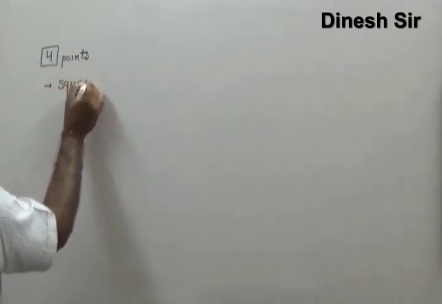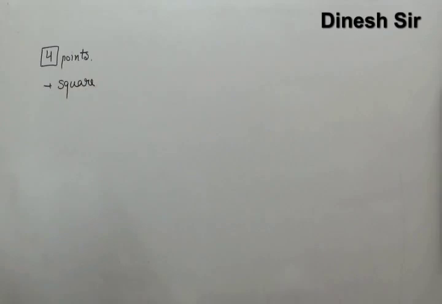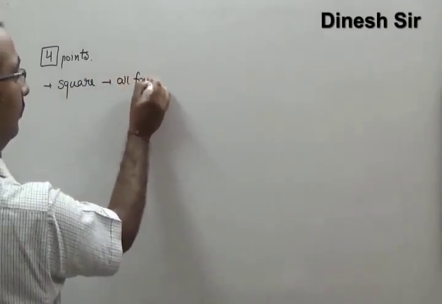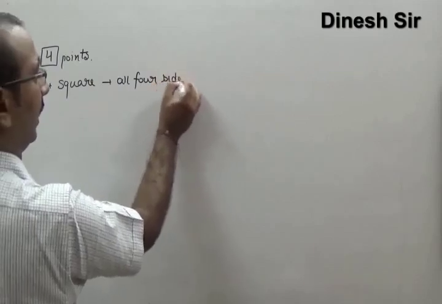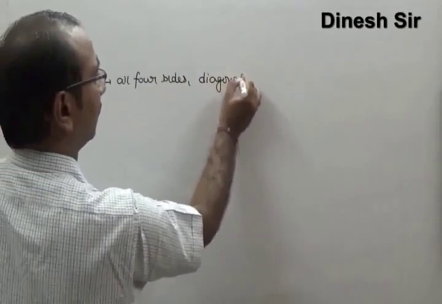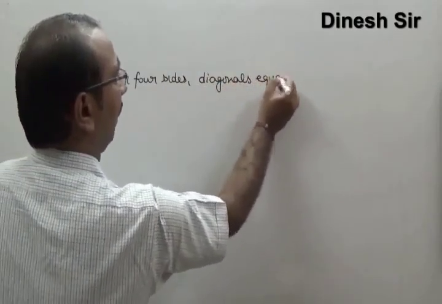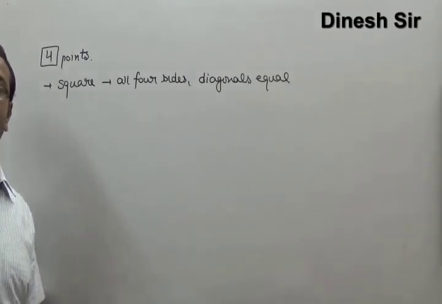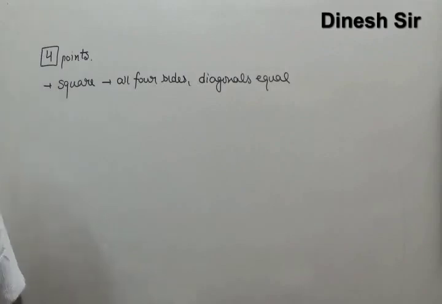We know that in a square all 4 sides are equal and diagonals are equal. So if you have to prove any figure to be a square, you have to prove these two things: first, all 4 sides are equal, and second, both diagonals are equal. Then we can say the figure is a square.